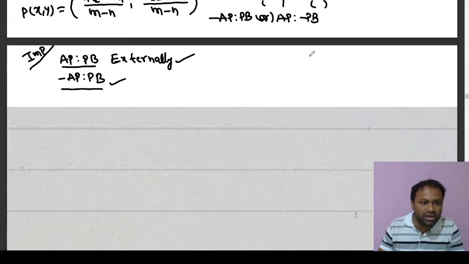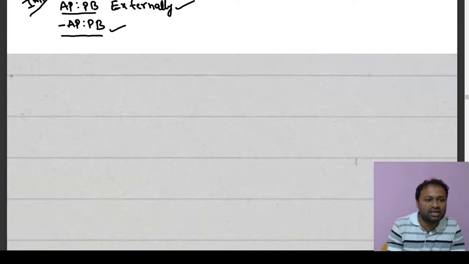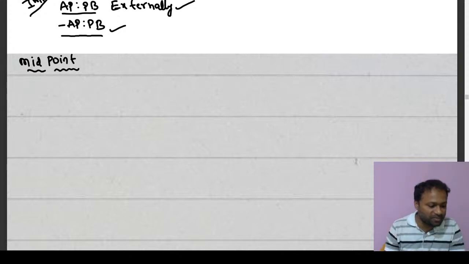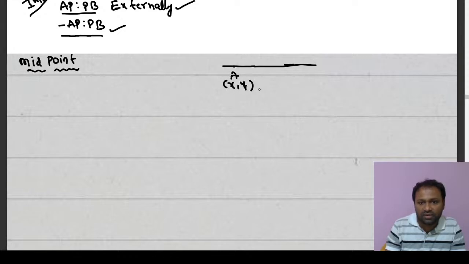Now we are going to do one more condition, that is midpoint. I think you know very well about this midpoint formula. So what is that? I will take one real line, like that. Suppose A is the point x1 comma y1 and B is the point x2 comma y2.